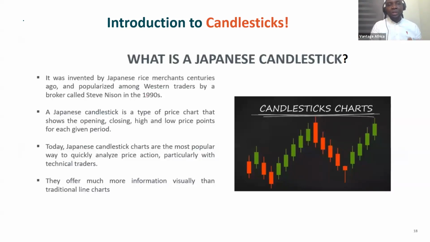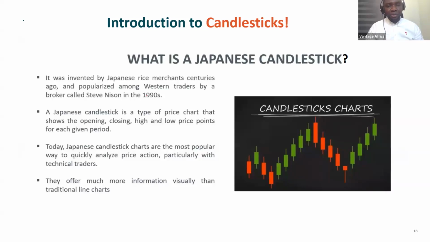Because the number one thing every trader is thinking is, how can I analyze the market so I can know where to enter my trades and when to exit my trades and make a profit? That's what every trader is thinking about, right? And they began to see that these candlestick charts are very useful in helping them achieve these things. So they began to look at them.